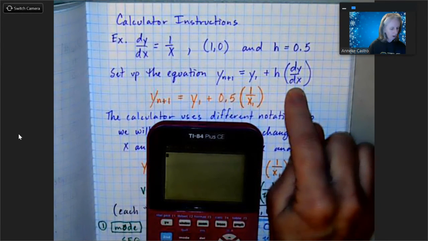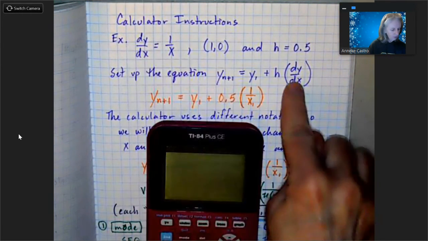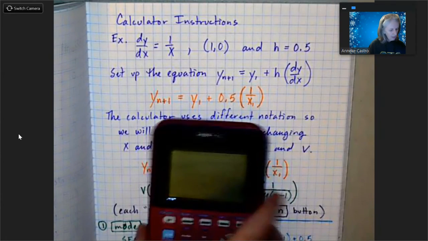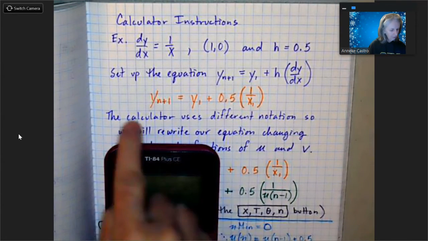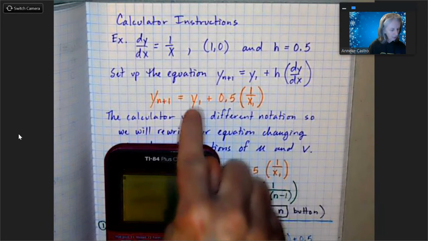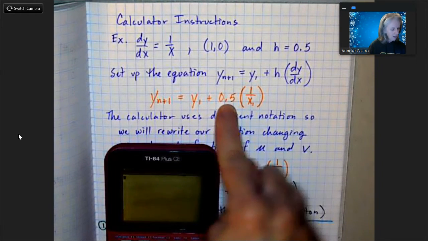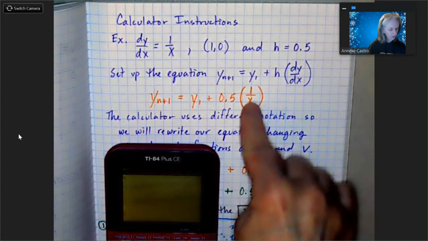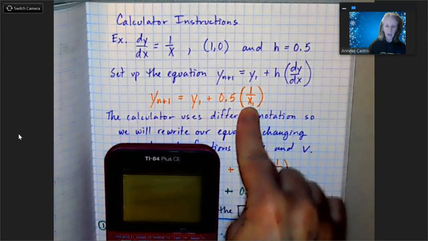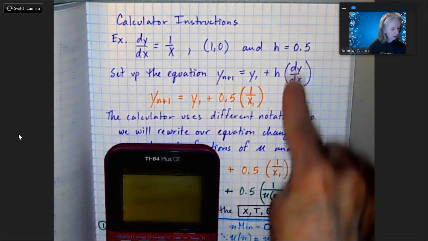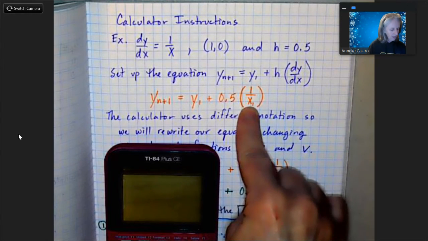We're just going to put our differential equation here. Now I'm going to fill it in with my specific information: the starting y value plus 0.5 times the slope, and whatever we had for our equation is going to go in here.